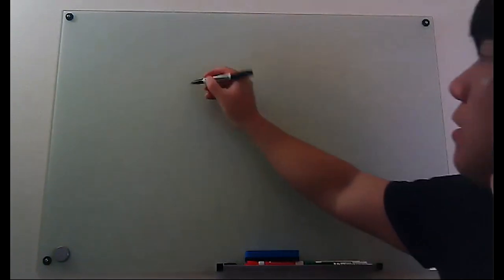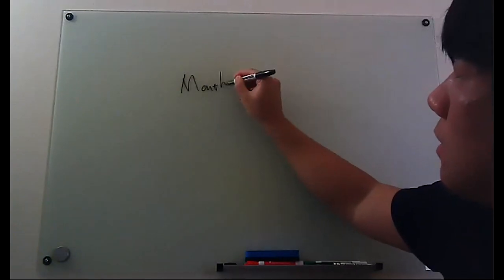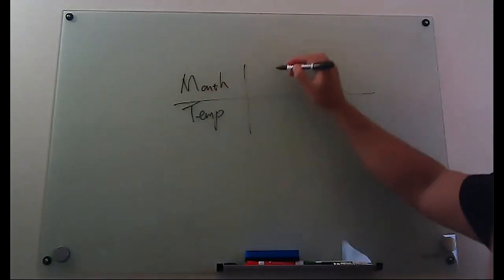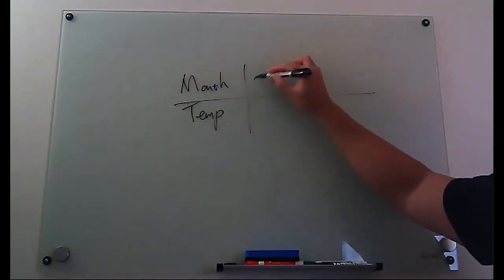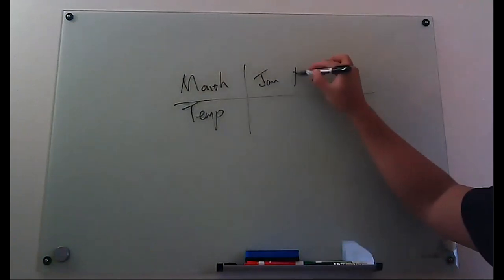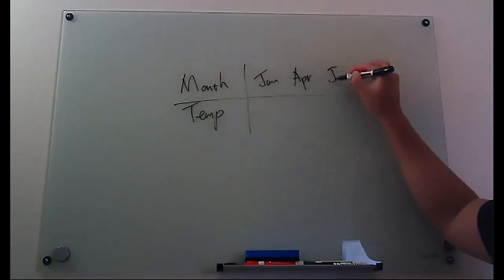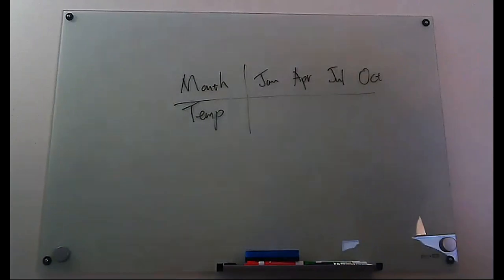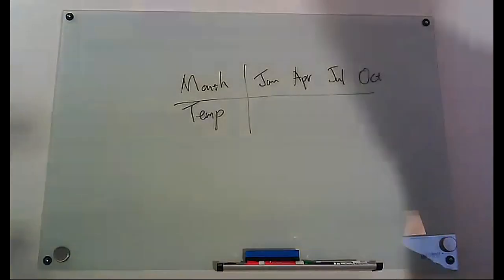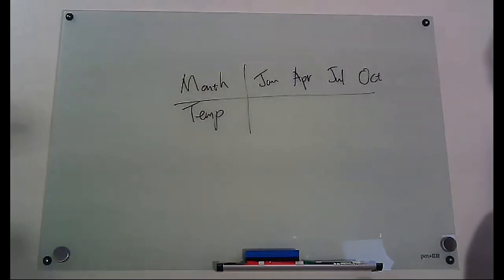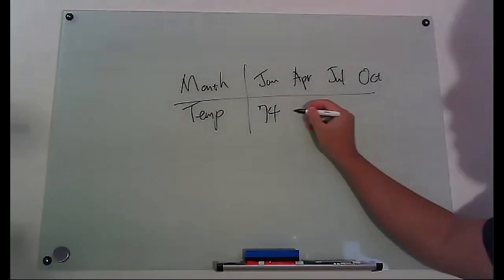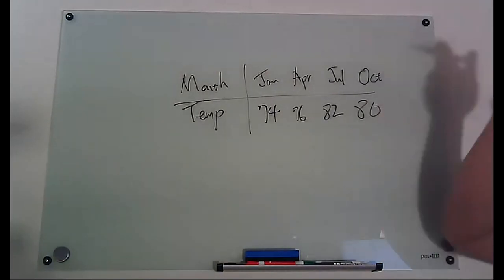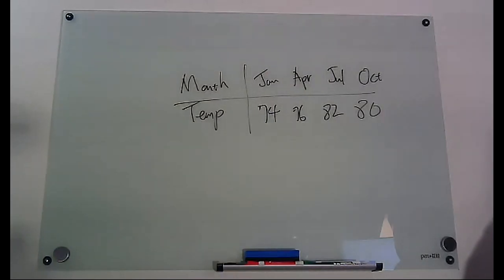So let's say this is month and this is temp. This is January, April, July, October, and this would be 74, 76, 82, and 80. The first thing you need to do is find the average.